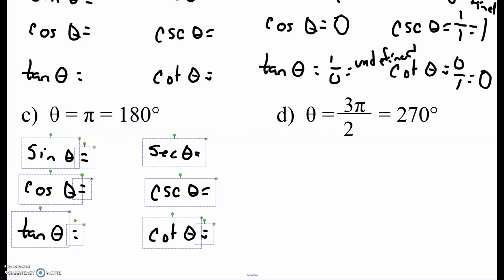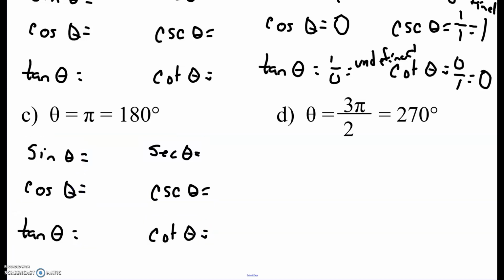Moving to 180 degrees, or pi radians. In this case, sine is again 0. Cosine is -1. Tangent, which is y over x, or sine over cosine, is 0.